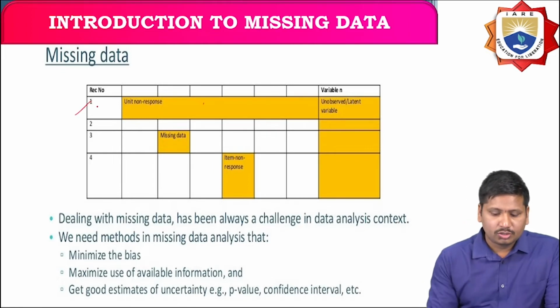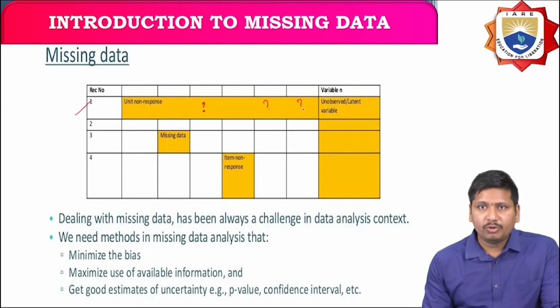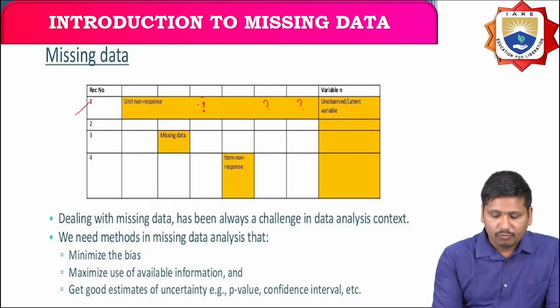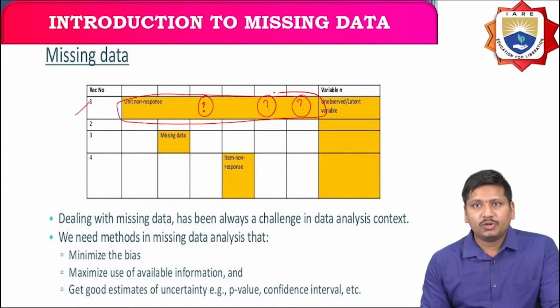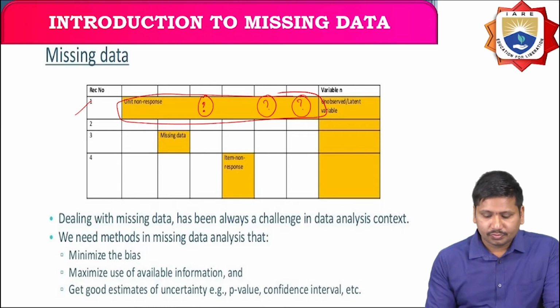Suppose record number 1 has a missing value here, and here also, and here also. If a row contains more than one missing value, then this entire row is called unit non-response missing data.